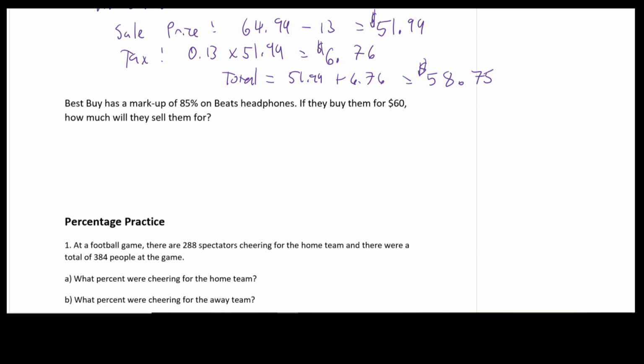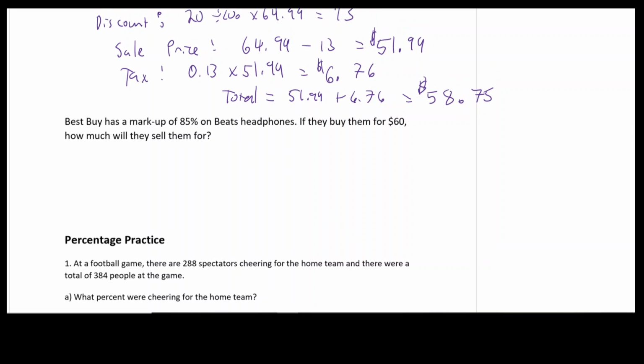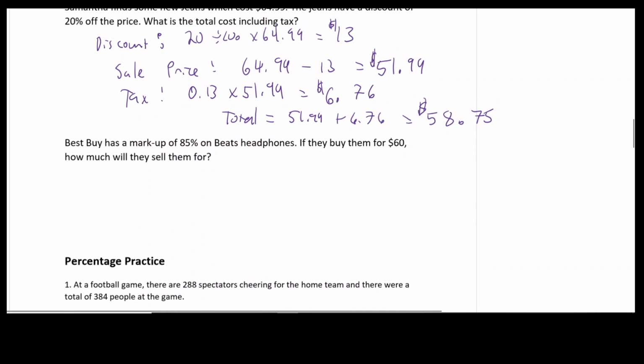Okay, and then the last example is just a markup question. It's the exact same steps, but instead of subtracting the amount that you get from the percent, you just add it on to the price. So Best Buy buys the headphones for 60. They mark them up 85%. So I'm going to do 85 divided by 100 to get 0.85 and take that answer, multiply it by 60.